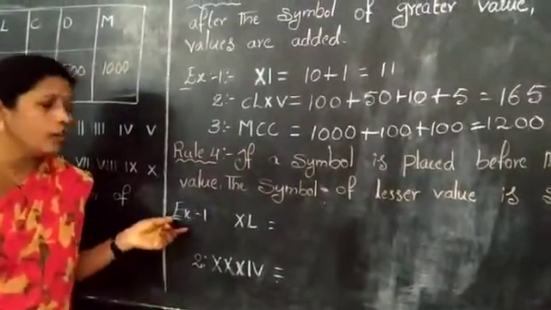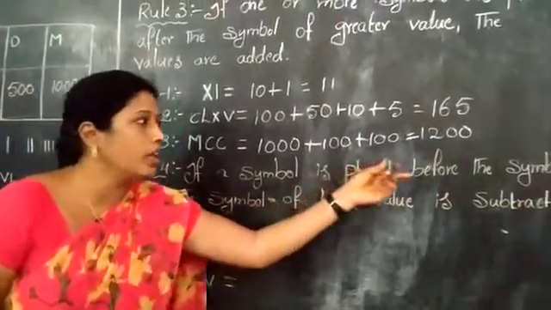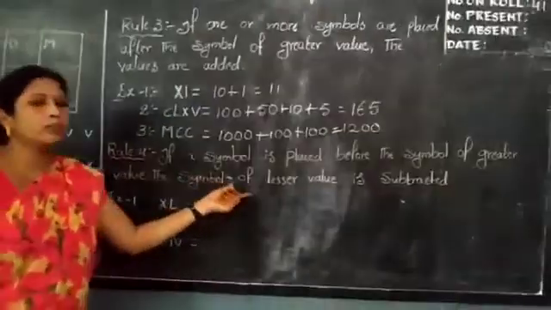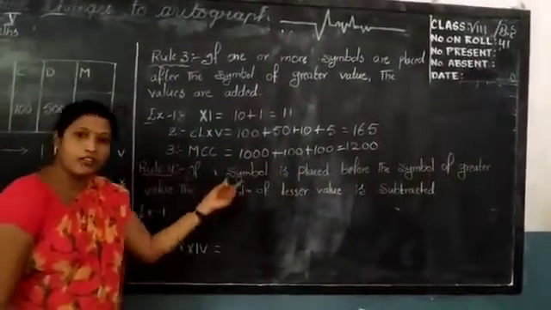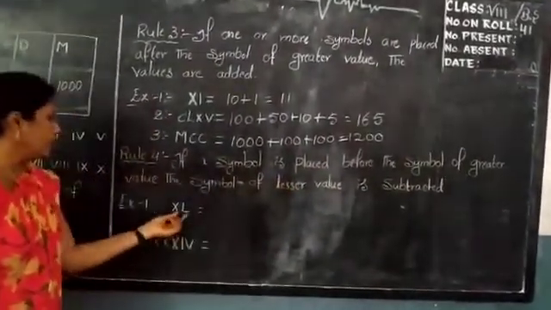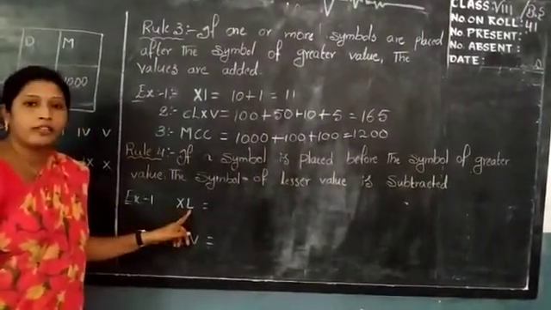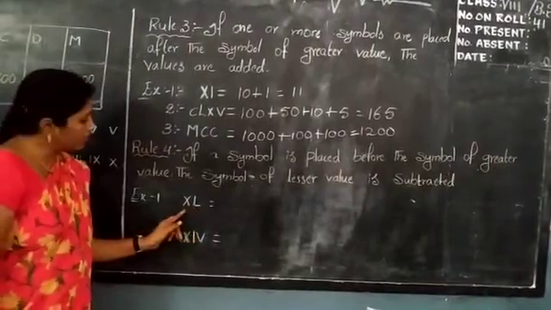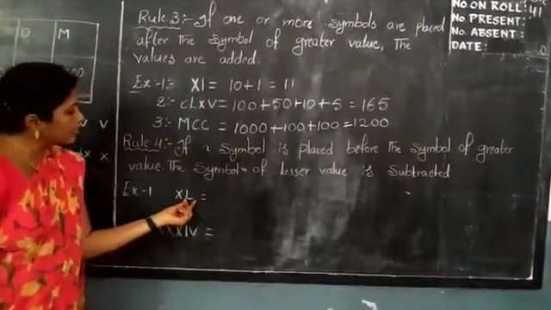And coming to the fourth rule: if a symbol is placed before the symbol of greater value, the lesser symbol is subtracted. Look into this example. L value is 50, right? And X value is 10. So, which is the greater symbol here?